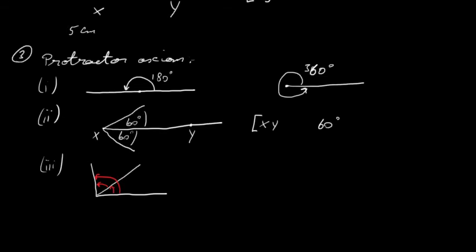So if I number them, this little angle here we'll call angle number 1, this angle here we'll call angle number 2, and this big angle here we'll call angle number 3.